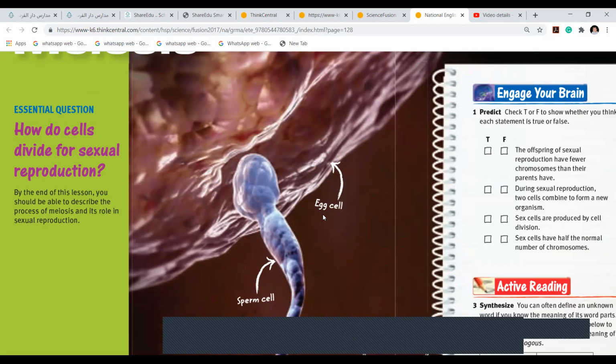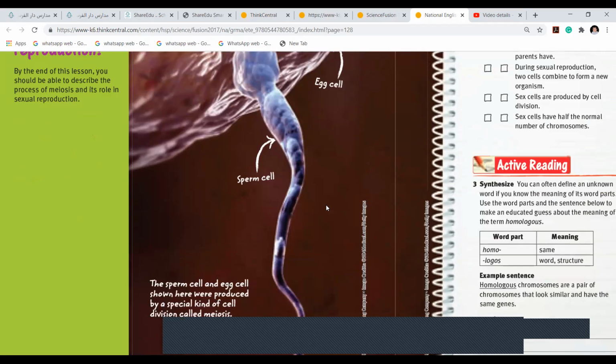Girls, please remember this for your lifetime, that to reproduce with meiosis, we need two parents. One is the female and the other is the male. Male will produce sperm cell and the female produces egg cell. Is this clear?